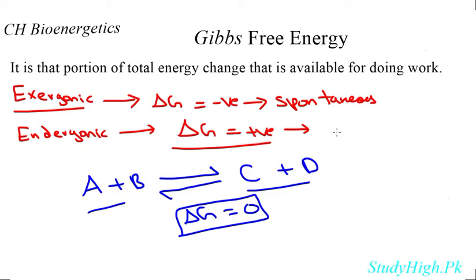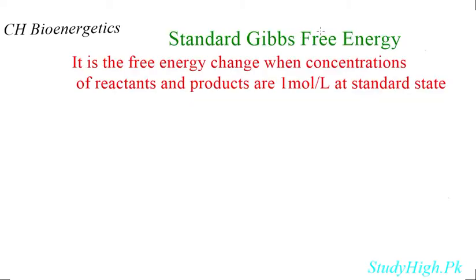Now we are going to move forward. What is standard Gibbs free energy? It is represented by delta G naught, just as any quantity measured at standard state, like enthalpy, is represented by delta H naught.